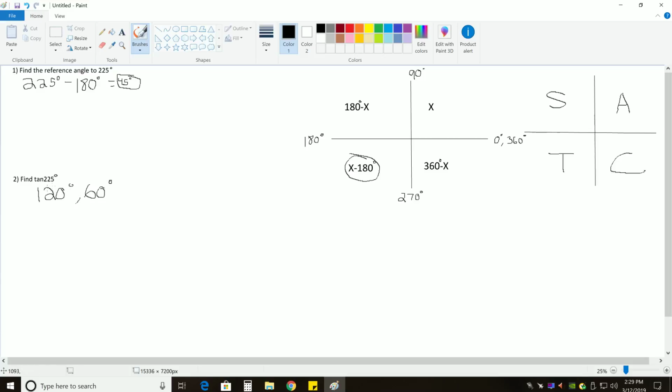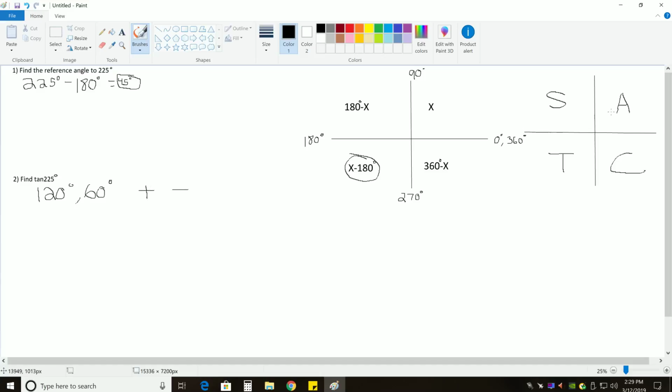If we did a quick check, 120 degrees is in quadrant 2. If you subtract 120 from 180, you'll end up getting a reference angle of 60 degrees. These reference angles are called reference angles because they have the same trig function values as each other. The only difference is the sign, whether it's positive or negative.